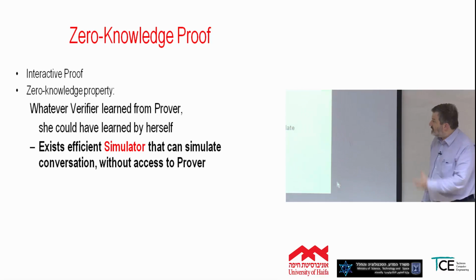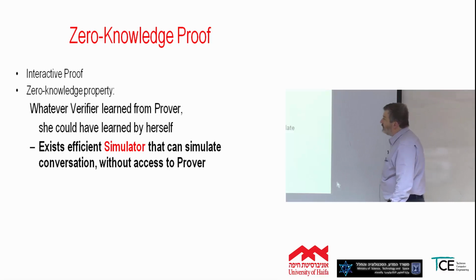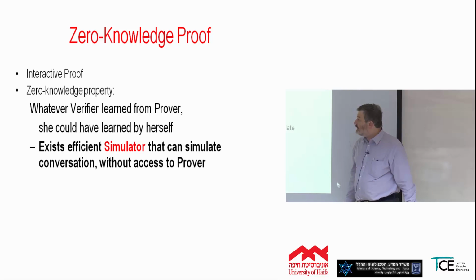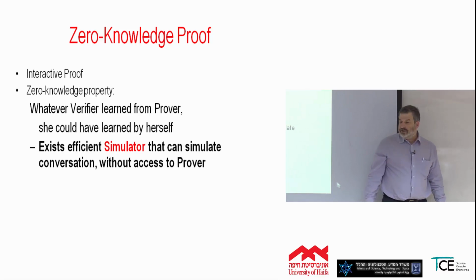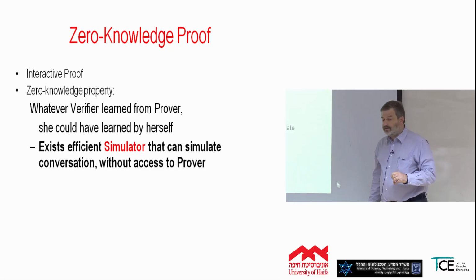Perhaps the important conceptual step is to phrase this by saying that there exists an efficient simulator that can simulate the conversation without access to an actual prover. If the verifier could have produced the same distribution of conversations as the actual one, then she hasn't learned anything, because she could have simulated the conversation on her own.